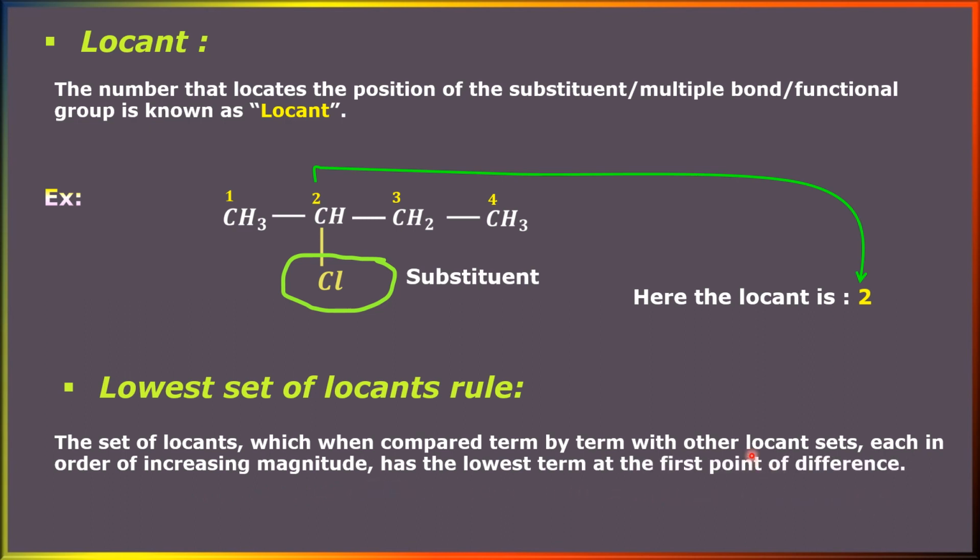That means we have to number the parent chain in both ways, from left to right and from right to left, and write the locants. Later we compare the locants term by term to know which way of numbering is correct. You can better understand by the following example.